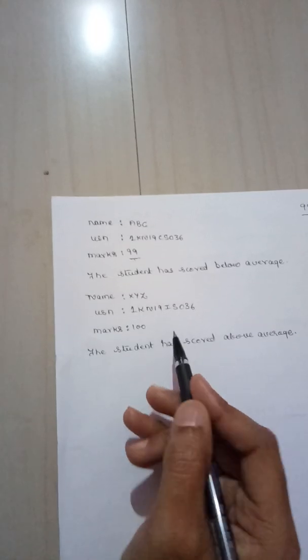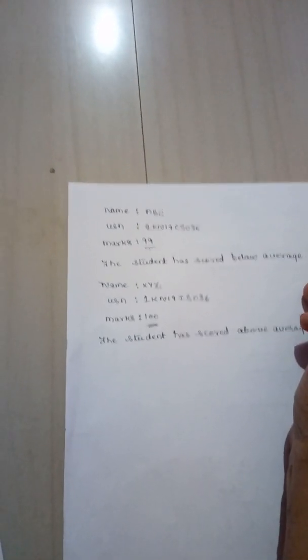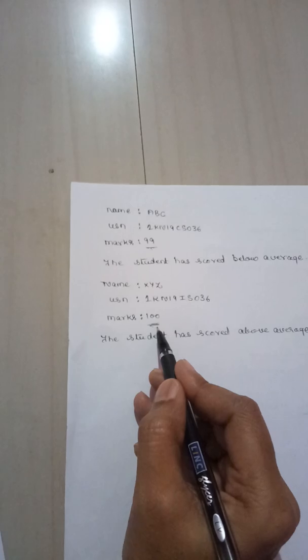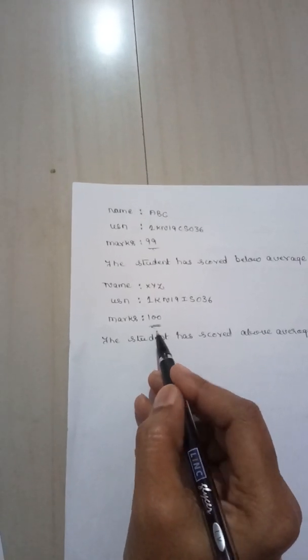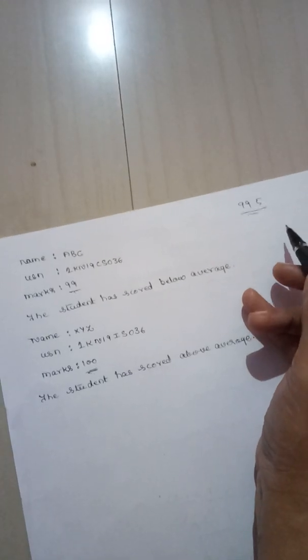And coming to the result of XYZ student, he has scored 100. Compare this with the average marks. 100 is greater than 99.5, that's why this student has scored above the average.